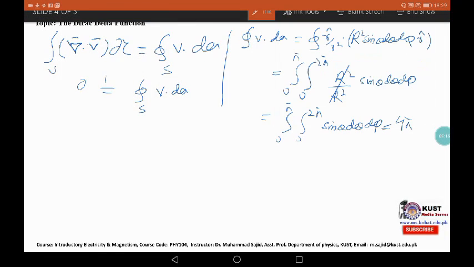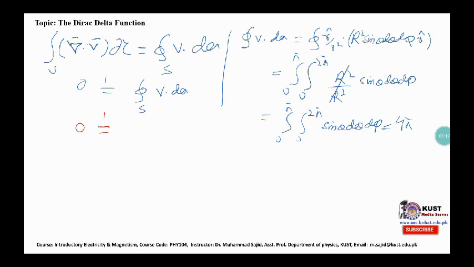So now we can see that the left side was 0, but the right side is equal to 4 pi, which is not equal to 0. So the divergence theorem gives us 0 on one side and 4 pi on the other. There's a problem. What's going wrong?